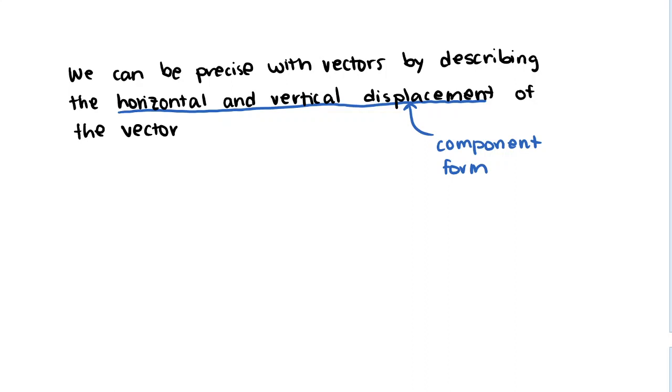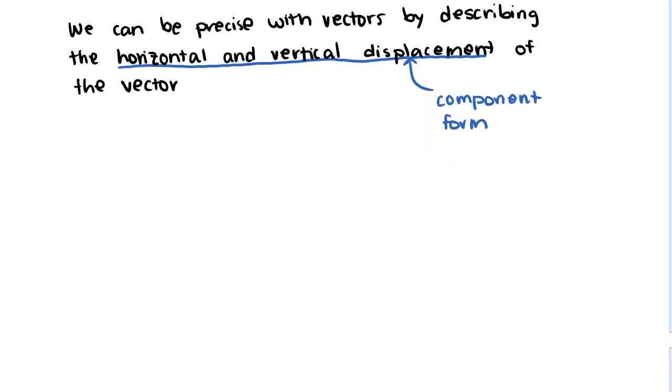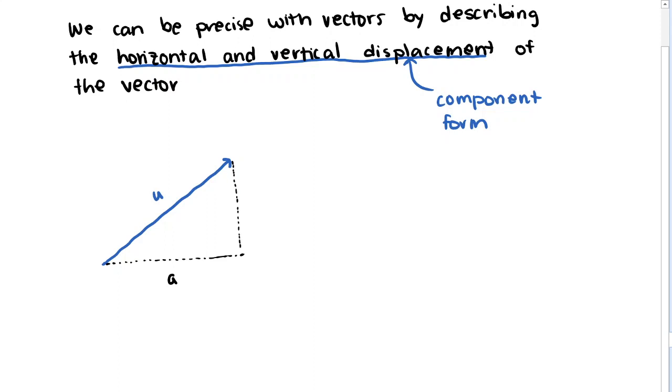So if we're describing the horizontal and vertical displacement of a vector, this is called the component form of a vector. Right, so maybe I'll just draw a quick picture. If I have some vector u, well here we can be precise about this vector by describing the horizontal displacement from its initial point to its terminal point. Maybe I'll call this A. And we can describe the vertical displacement given by this vector from its initial point to its terminal point. I'll call this vertical displacement B. So we can represent u by both of these displacements together.